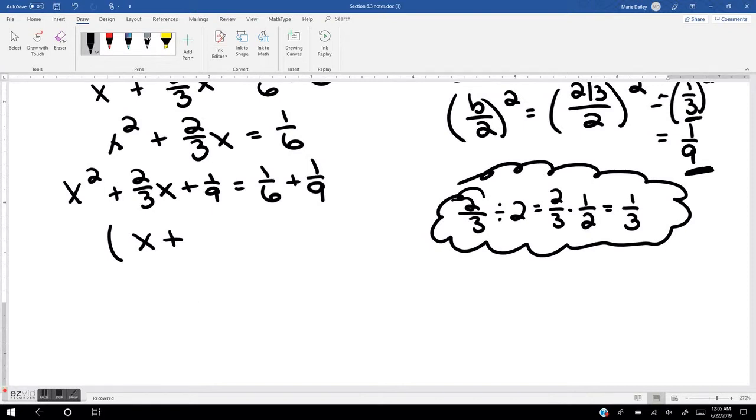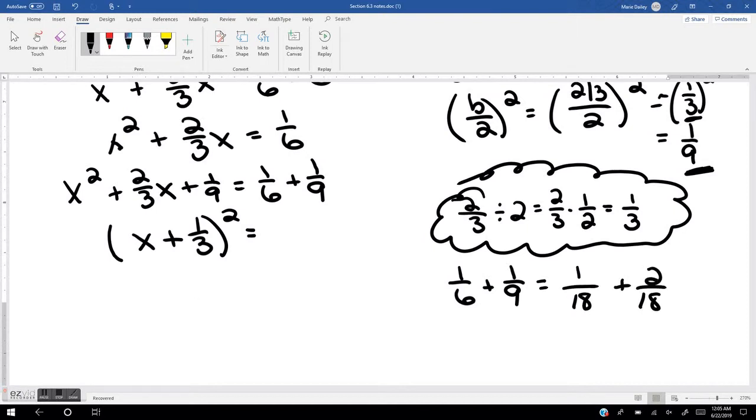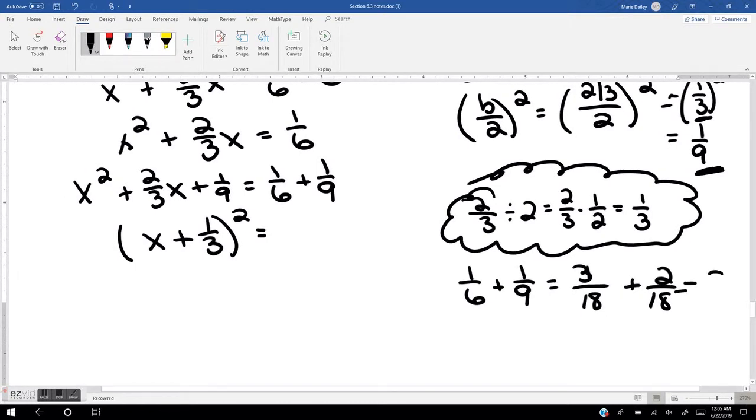So my b over 2 was 1/3. And again, if you want to try that out, multiply that out using FOIL. And then on my right-hand side, I need to build those up with a denominator of 18. So that's going to be 3 over 18 plus 2 over 18, which is 5 over 18.